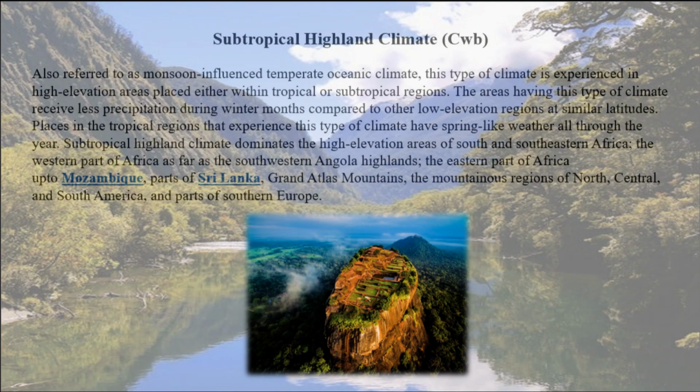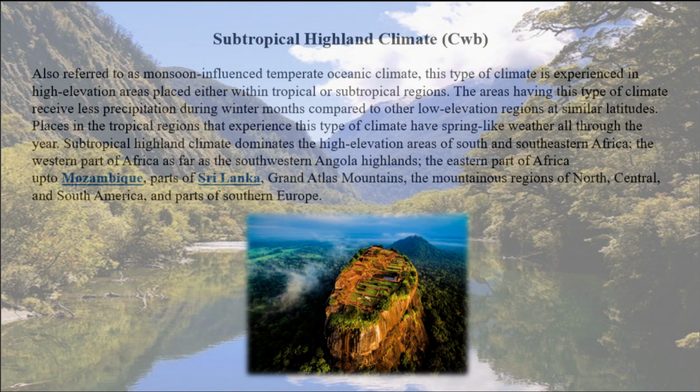Subtropical highland climate, CWB. Also referred to as monsoon-influenced temperate oceanic climate, this type of climate is experienced in high-elevation areas placed either within tropical or subtropical regions. The areas having this type of climate receive less precipitation during winter months compared to other low-elevation regions at similar latitudes.